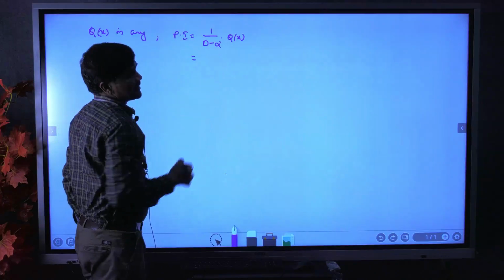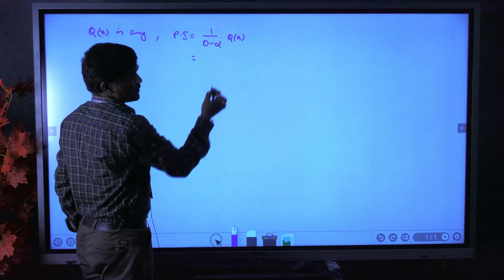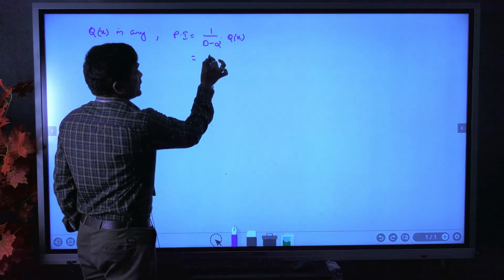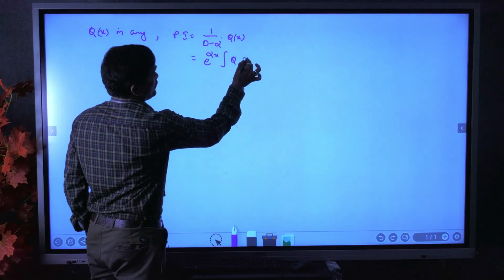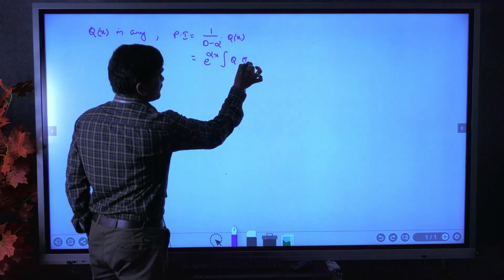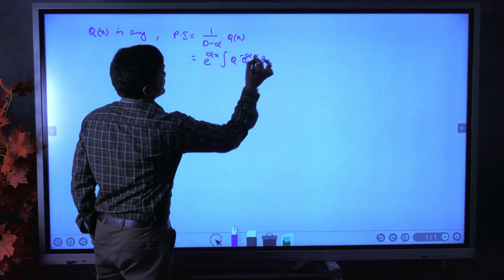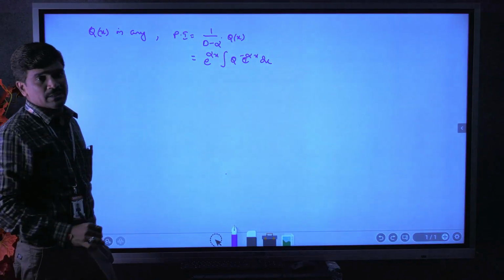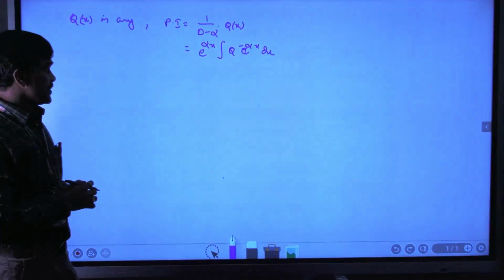So what is 1 by D minus alpha into Q of x? Here, 1 by D minus alpha into Q of x is e power alpha x integral Q into e power minus alpha x dx. So this is the particular integral 1 by D minus alpha into Q of x.